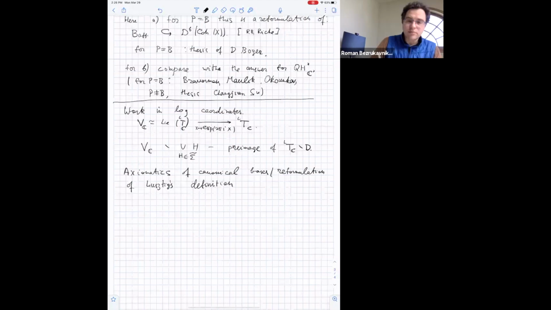Conjecture meaning he stated some properties which are supposed to characterize it uniquely, almost uniquely, and conjectured the existence, and then existence was shown in my paper on Merkage.